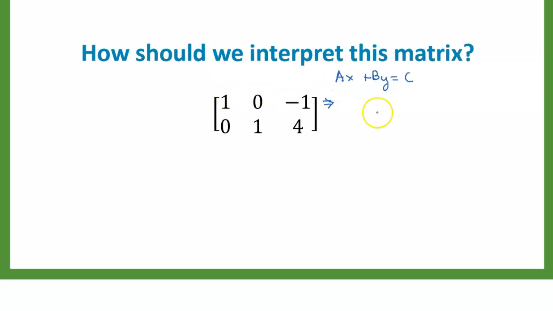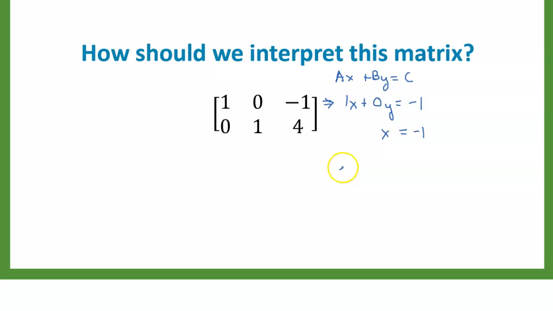So we have 1 in place of a, so that's 1x, 0 in place of b, so 0y, and -1 in place of c, so equals -1. Well, we can simplify that. 1x is just x, and 0y is nothing, that's 0. So the left side is just left with x. And then x equals -1. So that's our x solution. That's telling us our x value.